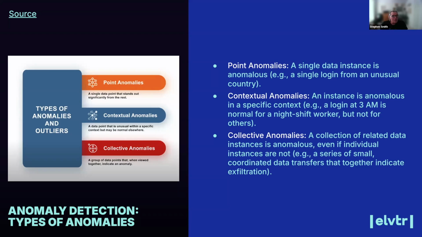Like APT, for example. Individually, a network connection looks benign, but if you look at the pattern, it reveals command and control communication. I've seen this in real life, where you look at NetFlow data and you realize that you have a suspicious endpoint that's beaconing to a known APT address, and you have to flag that down.